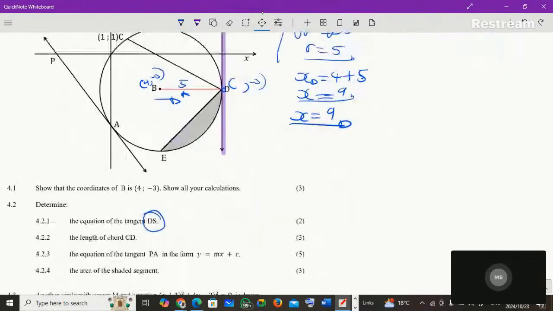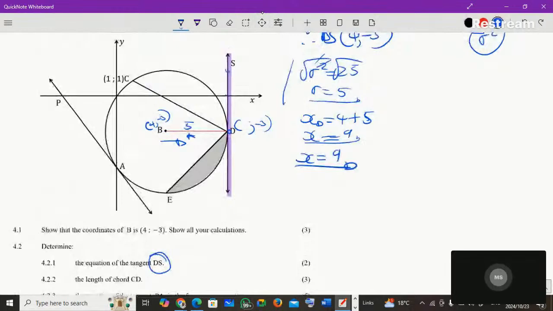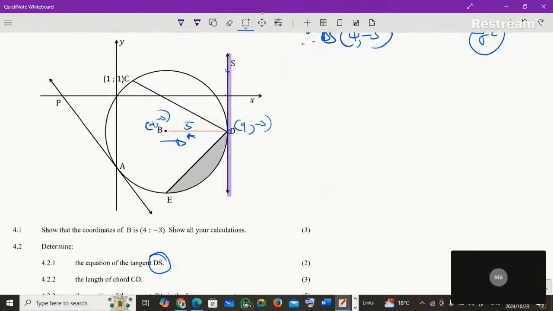That completes the question, taking your 2 marks. Then they ask for the length of chord CD. For the length of CD, with the coordinates we have, we must use the distance formula. I hope it makes sense. So using the distance formula, CD is equal to the root of XC minus XD squared plus YC minus YD all squared.